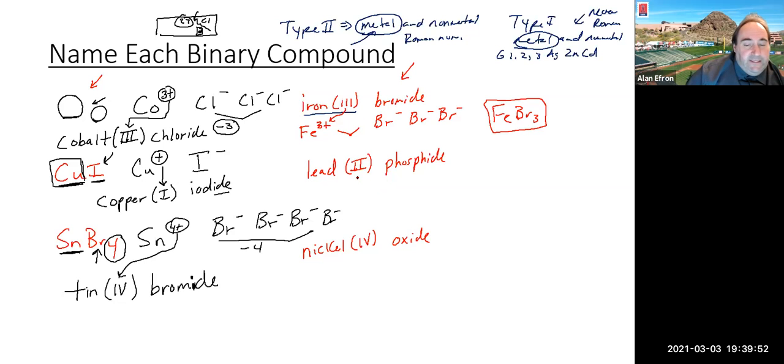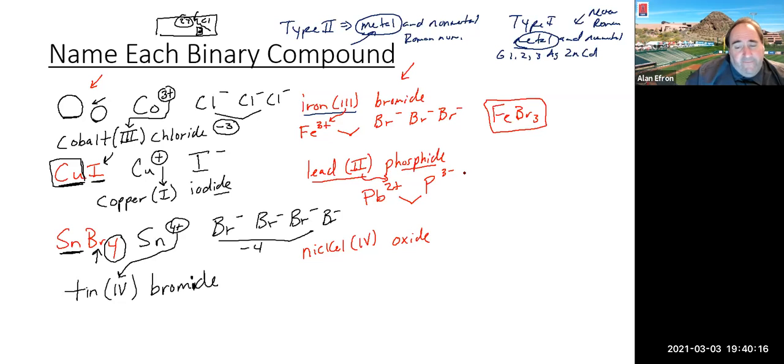Same thing here. We see lead Roman numeral 2 automatically tells us we have a lead with a +2 charge because of that. Phosphide is phosphorus on the periodic table, P, which is group number 5, which has a -3 charge. Again, when we put this together, 2 and 3, common number there is 6.